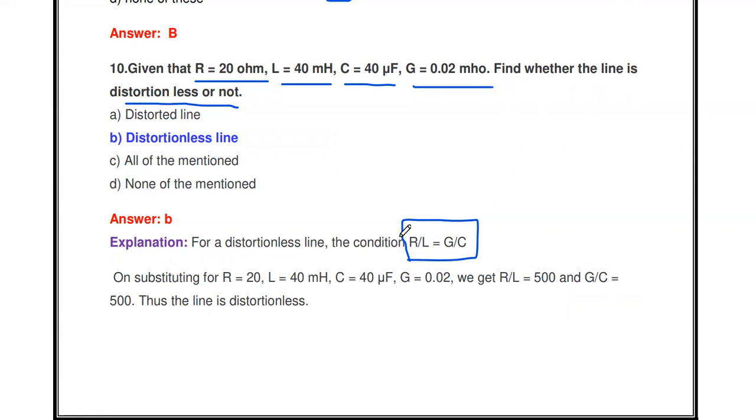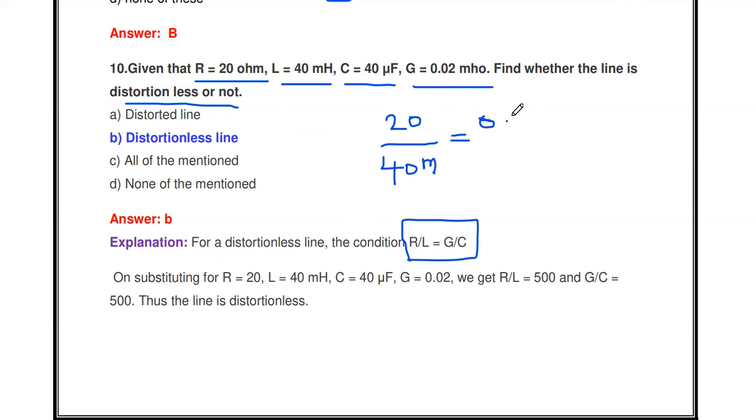So what is R by L? What is the value of R? 20. So we have to find the ratio. First R is 20 divided by L. What is the value of L? 40 millihenry, so 40 into 10 to the power minus 3. This ratio should be equal to G divided by C. What is G?